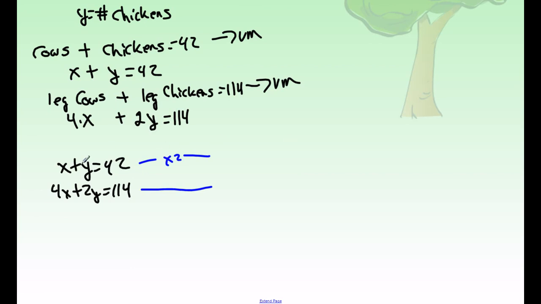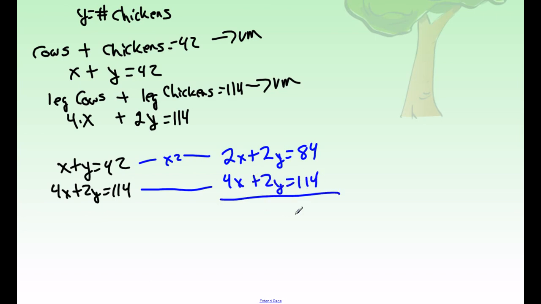So I'm going to take this top and multiply by 2, which gives me 2x plus 2y equals 84, and 4x plus 2y equals 114. I'm going to subtract the 2 equations, because 2 minus 2 is 0. So for me to subtract, I'm going to change the sign of the bottom. They now cancel. 2 minus 4 is negative 2x.